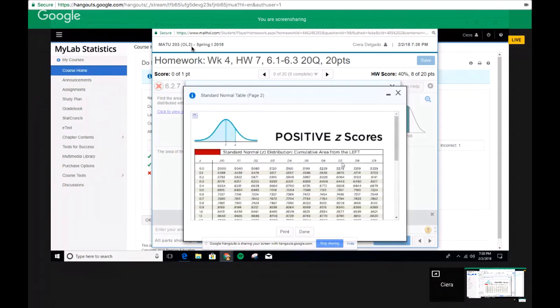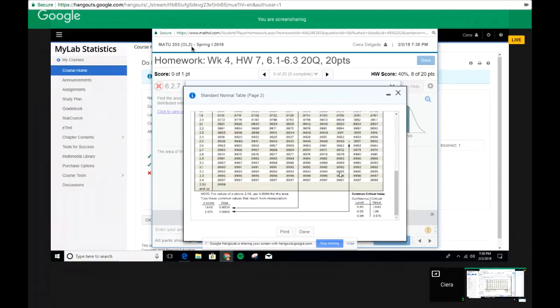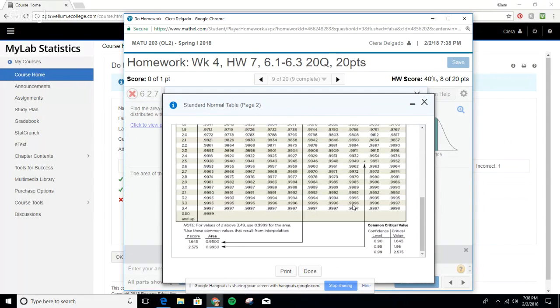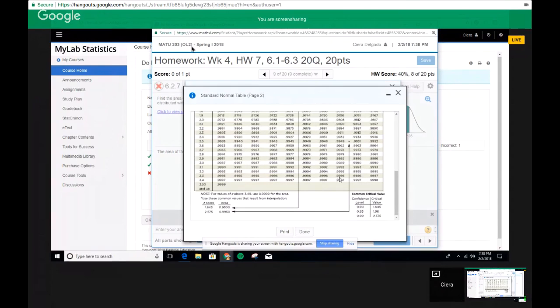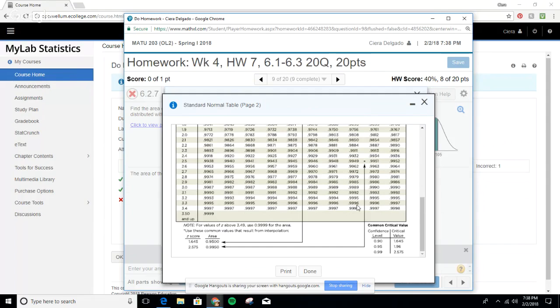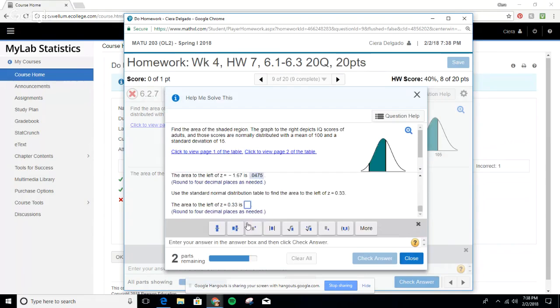That's the part that was a little bit confusing. So let's do 0.33 and let's do the 0.07 at the top. I wasn't sure where that number came from. That's the thing, there's not really a lot of rhyme or reason for that. That's the thing with statistics that's really frustrating. So is it 0.9996? Let's see.